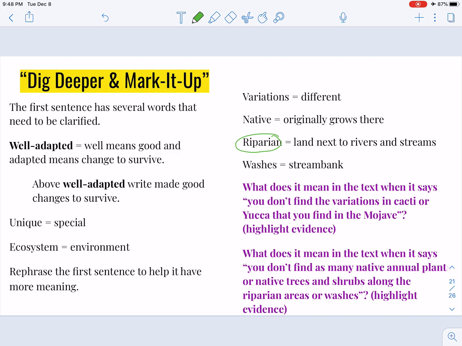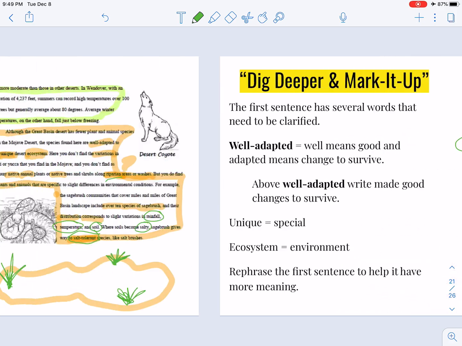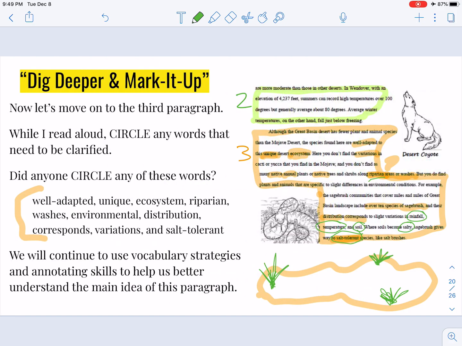Let's look at these purple questions, though. What does it mean in the text when it says you don't find the variations in cacti or yucca that you find in the Mojave? What does it mean? Now, I think that it must have something to do with the fact that I have shrubs along riparian areas or washes.